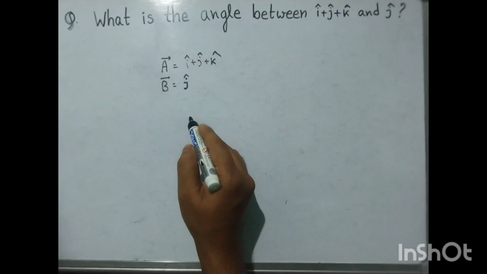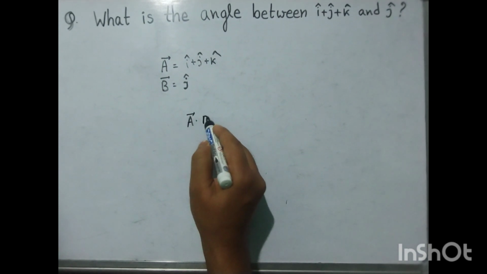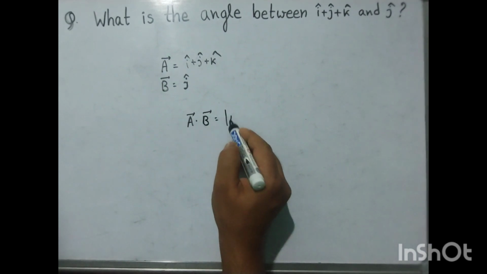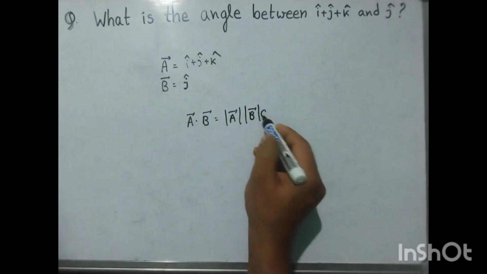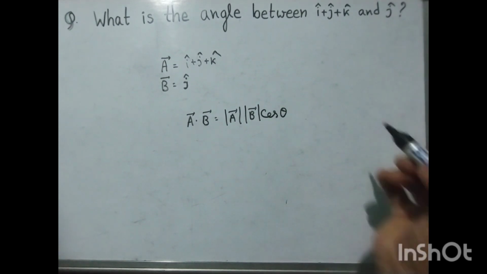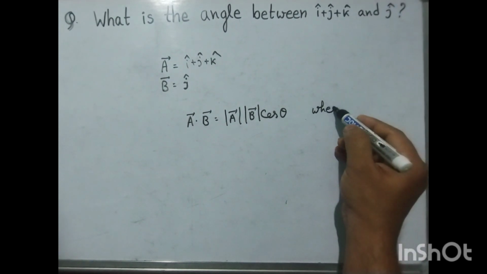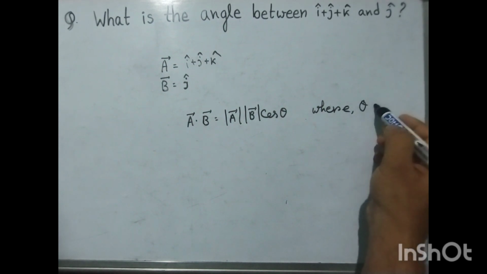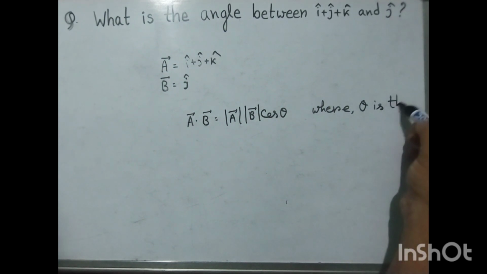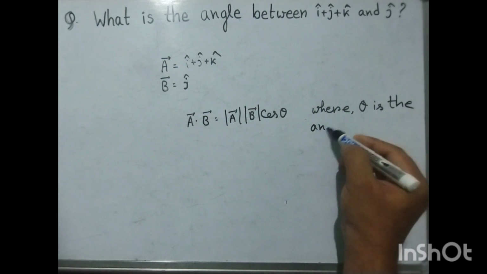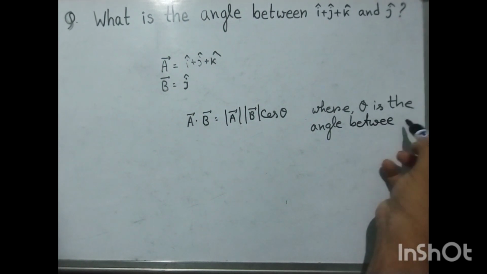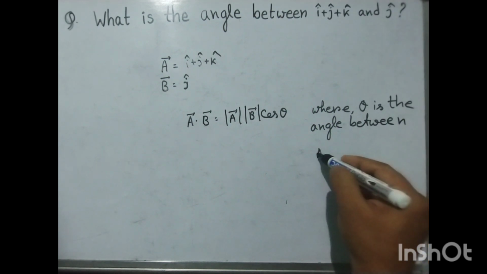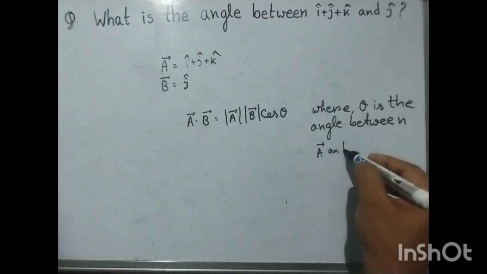We know how to find the angle between two vectors using dot product. A vector dot b vector is magnitude of a vector into magnitude of b vector into cos theta, where theta is the angle between a vector and b vector.